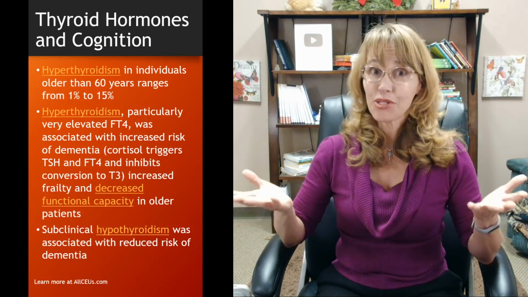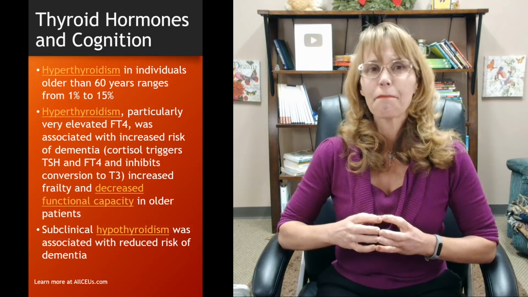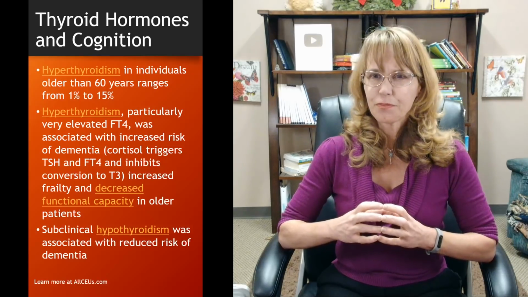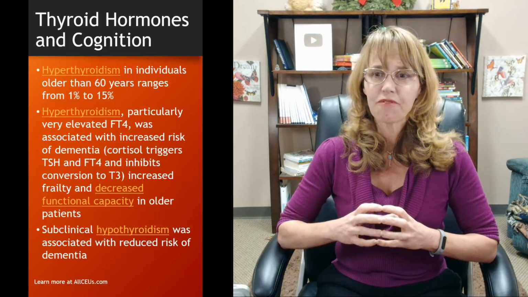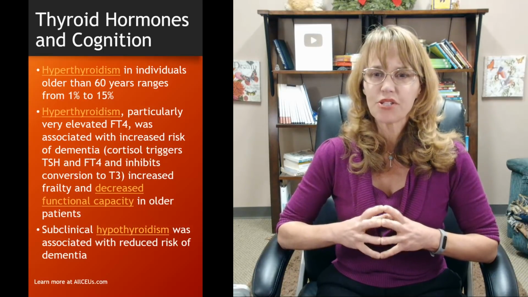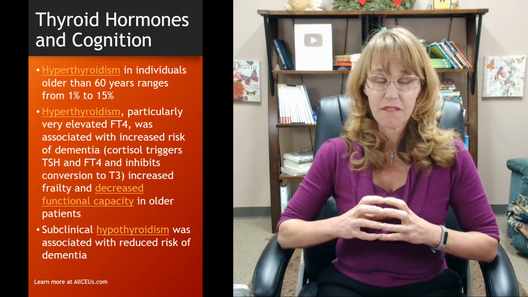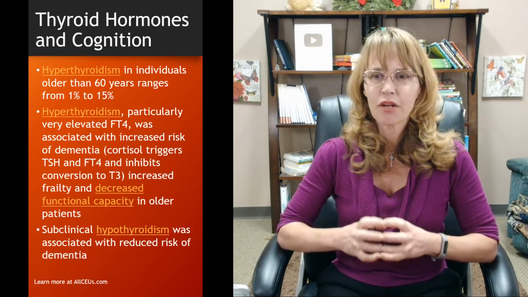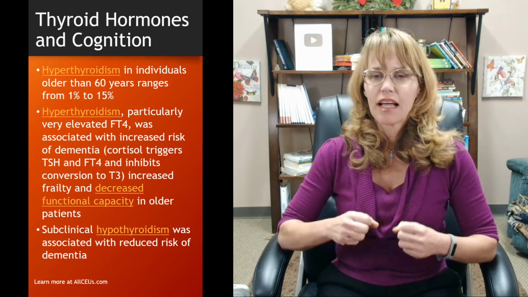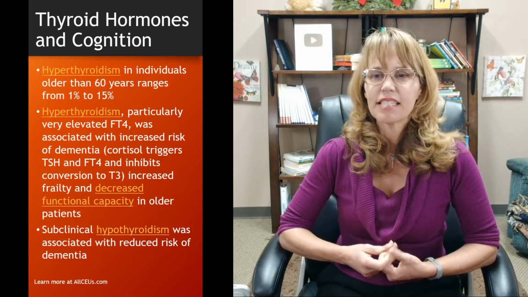Up to 15% of people who are older experience hyperthyroidism. Hyperthyroidism, particularly very elevated free-floating T4, was associated with an increased risk of dementia, increased frailty, and decreased functional capacity in older patients.